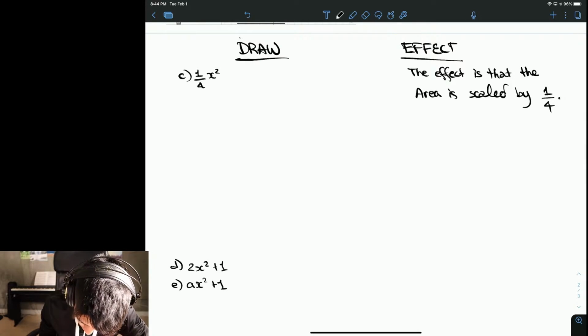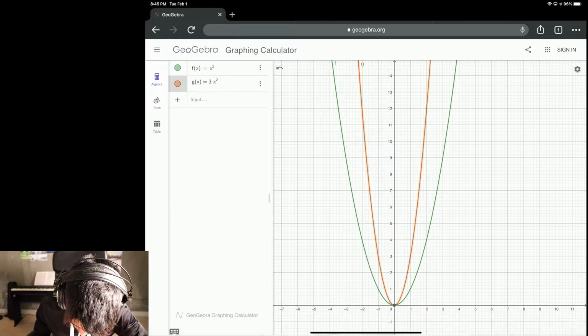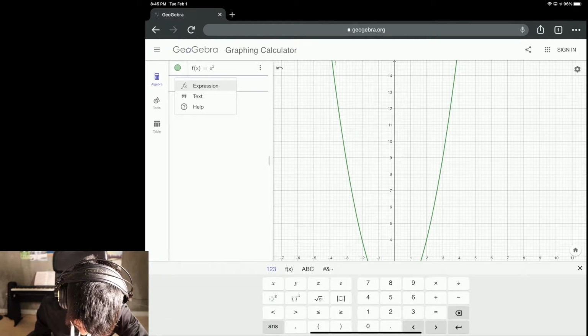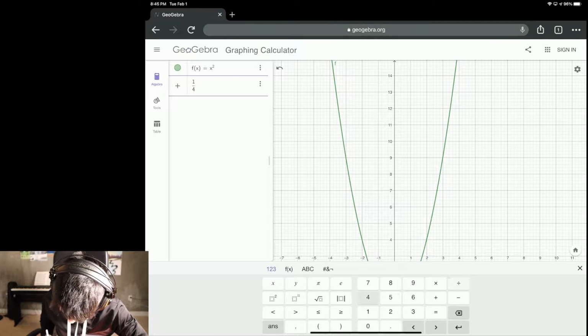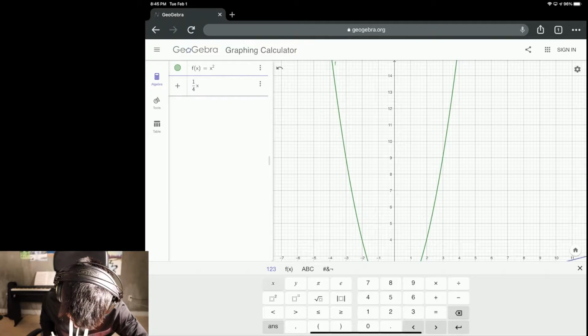Exact same as previous examples. Over 4 multiplied by x squared.